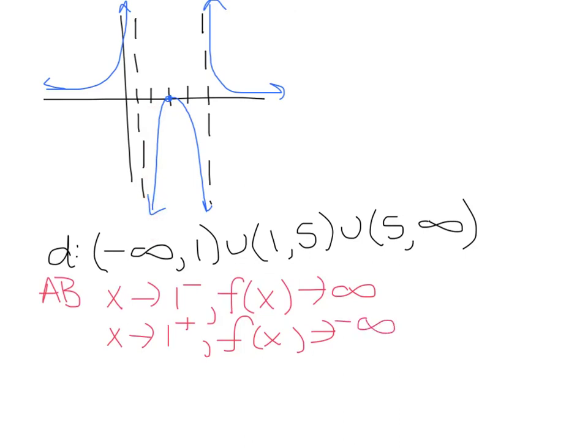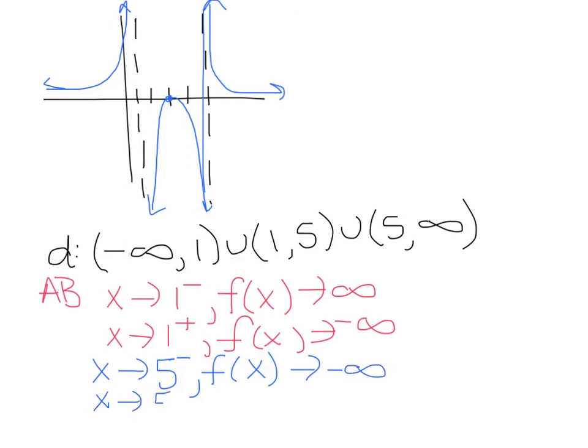So then as x goes to 5 on the left, as we get closer to 5 on the left side, your graph is down here going towards negative infinity. Okay, and then as x goes to 5 on the right-hand side, f of x is going up here towards positive infinity.